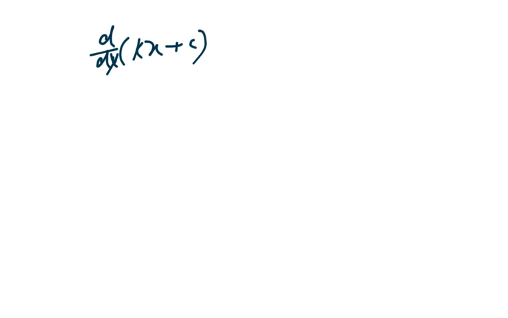For instance, if you are required to differentiate kx plus c, where k is a constant, c is also a constant, what you are going to get is k.